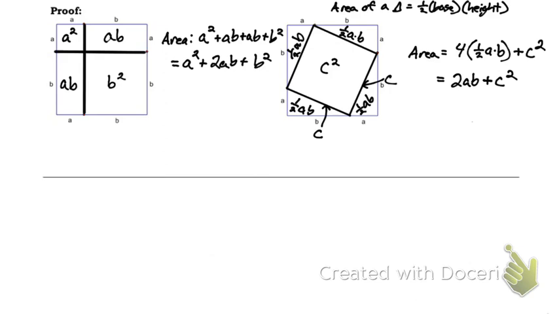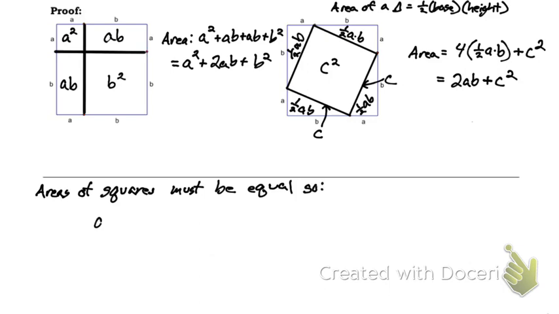So that means I can set this formula equal to that formula, because they need to be the same size at the end. Areas of squares must be equal. So we can just set them equal to each other.